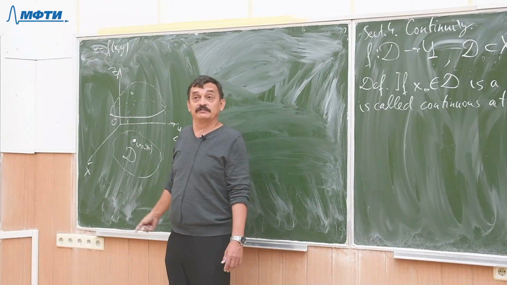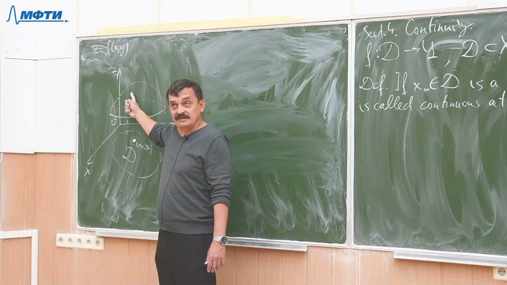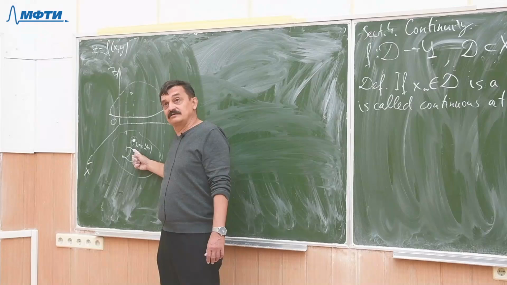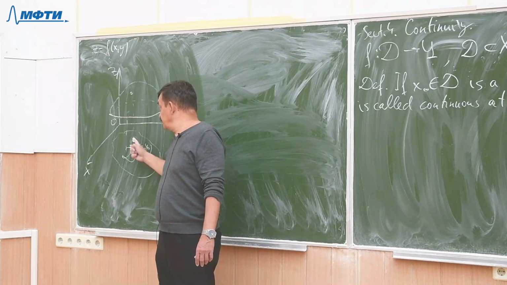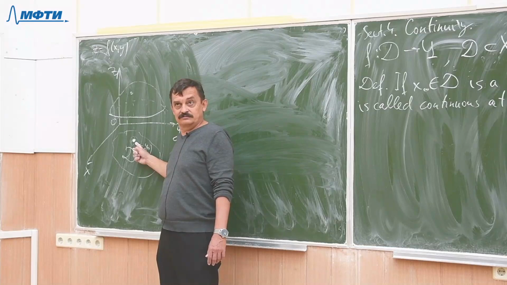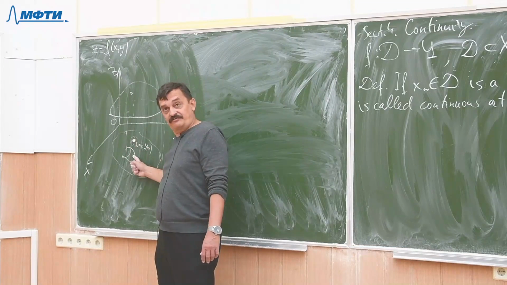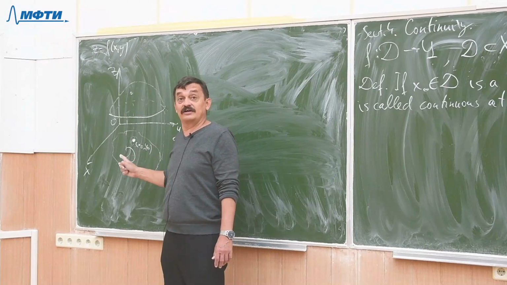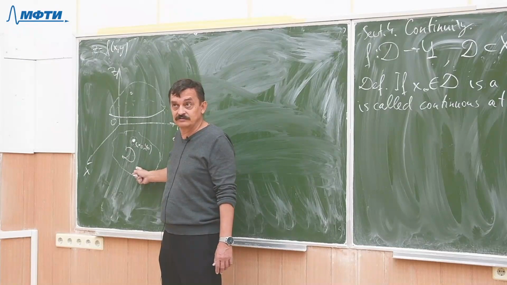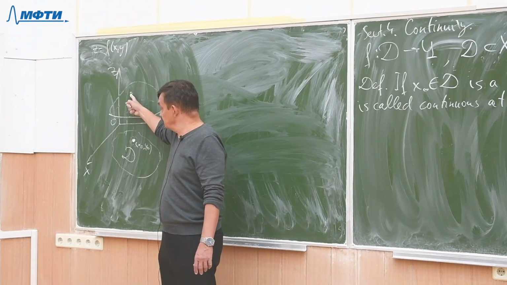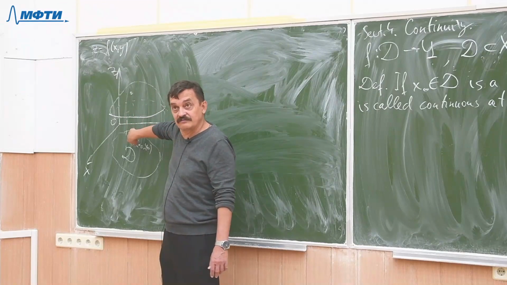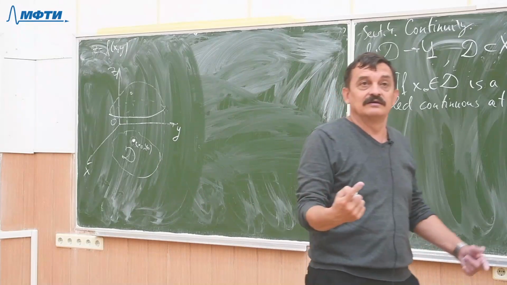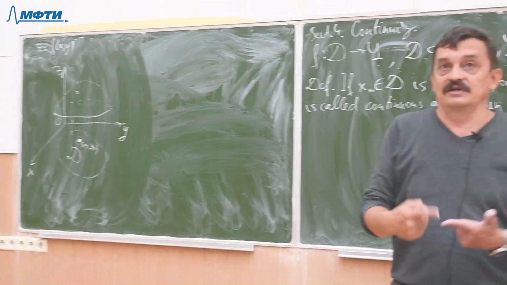Then what about the limit? The limit is still the same, because when we compute the limit, we are looking only at the values in a punctured neighborhood. But the function now is not continuous at that point, because the limit does not coincide with the value of the function. So continuity is when the value coincides with the limit.